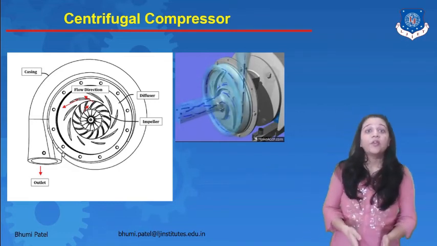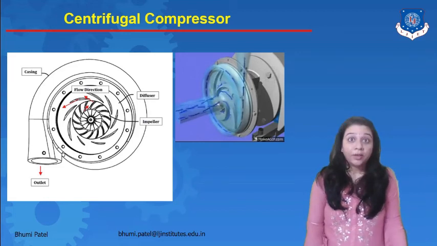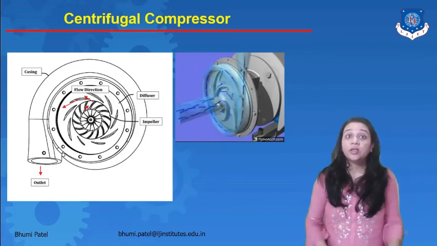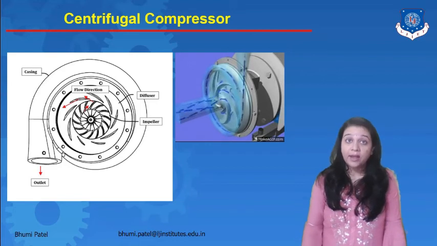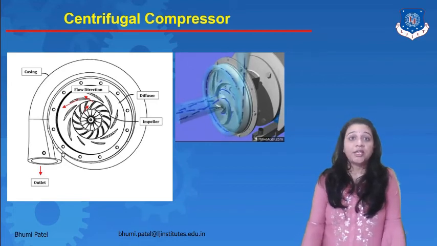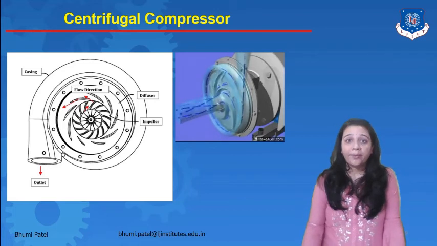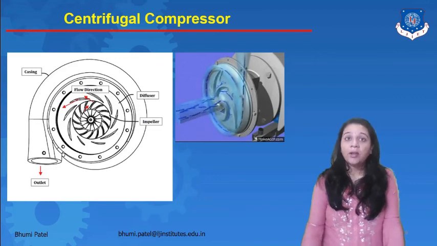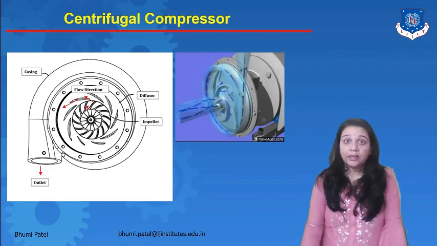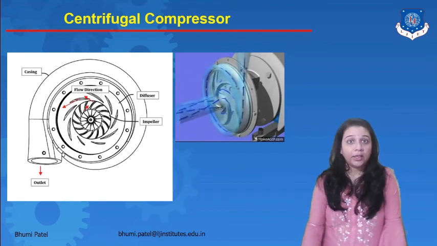In a multi-stage centrifugal compressor with intercoolers, air enters the first stage of the centrifugal compressor, the first stage impeller. The rotation of the impeller imparts high velocity to the air, as shown in the diagram, and it moves radially outward into the diffuser or intercooler area, where the temperature is reduced.